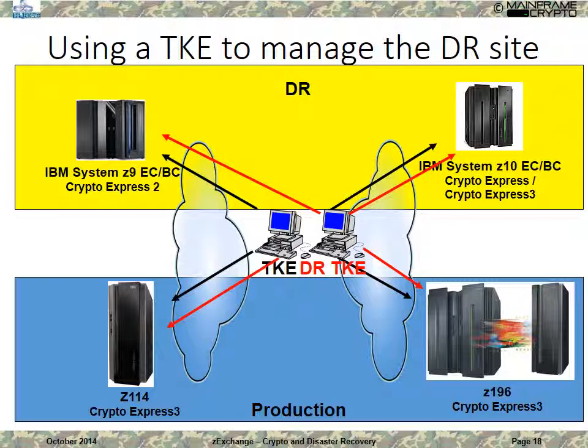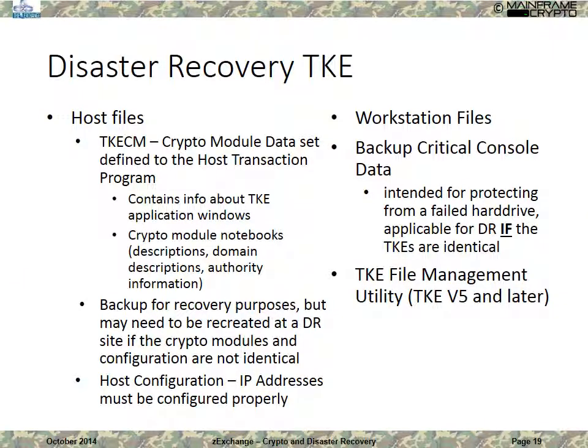So let's go to slide 19. Let's talk a little bit about the TKE that will be your disaster recovery TKE. Over on the right, the first thing is that you probably want that TKE to be at the exact same level as the production TKE.